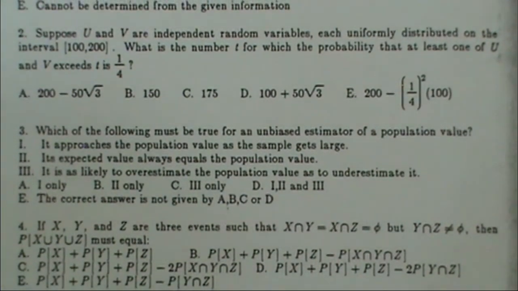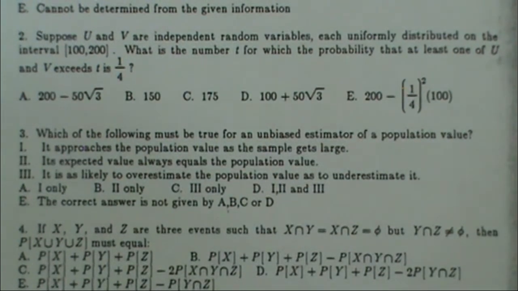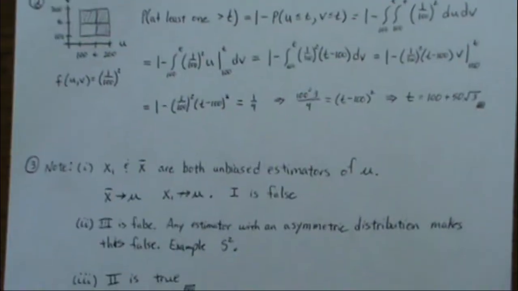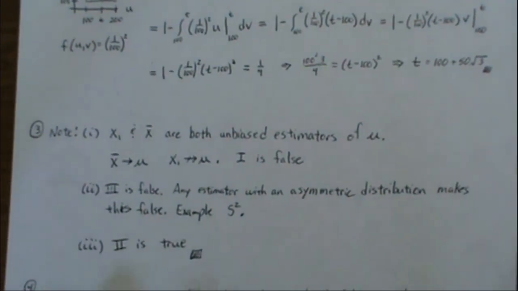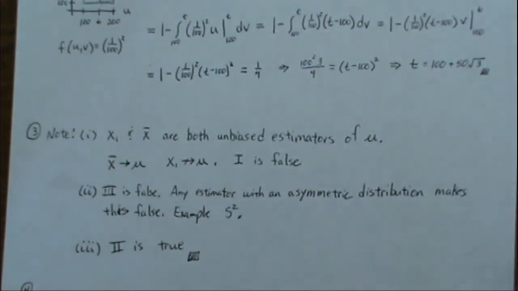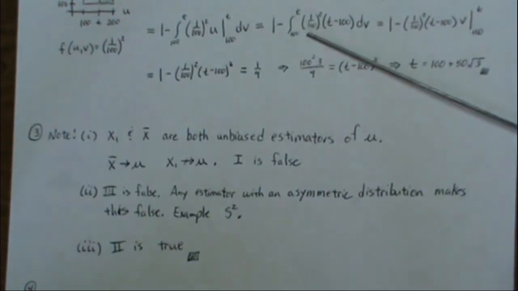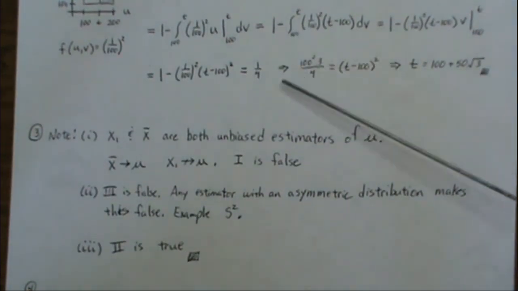Number 3, which of the following must be true for an unbiased estimator of a population value? So in number 3, it asks which one is true. Well, for number 1, the estimator does not have to converge to the parameter.